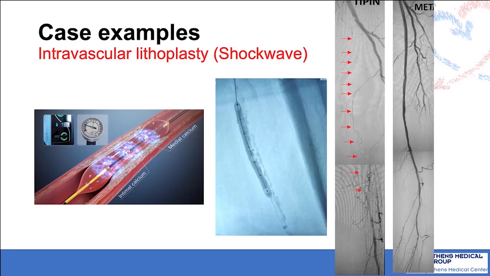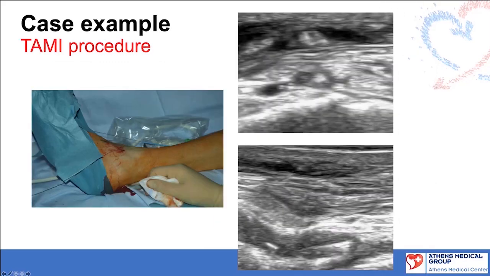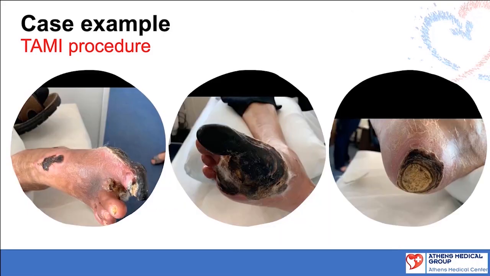This is for severely calcified lesions like this one here in the SFA, with an amazing result at the end without the need of stenting. Retrograde puncture is a current trend that we are using more and more, due to the fact that in our hybrid room we also have all the abilities that the ultrasound devices from GE provide, with excellent performance in order to treat this kind of complex CLI cases.